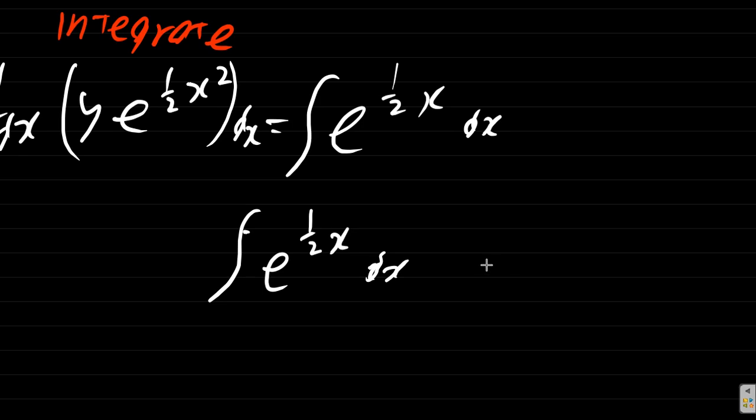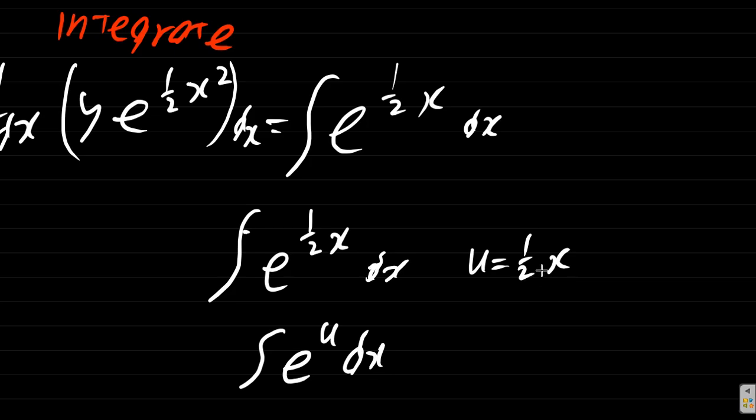If we have u being half x, when we integrate, we have the integral of e to the u dx, but we want e to the u du. So what happened here? du by dx is going to be, when we differentiate half x, what do we get?